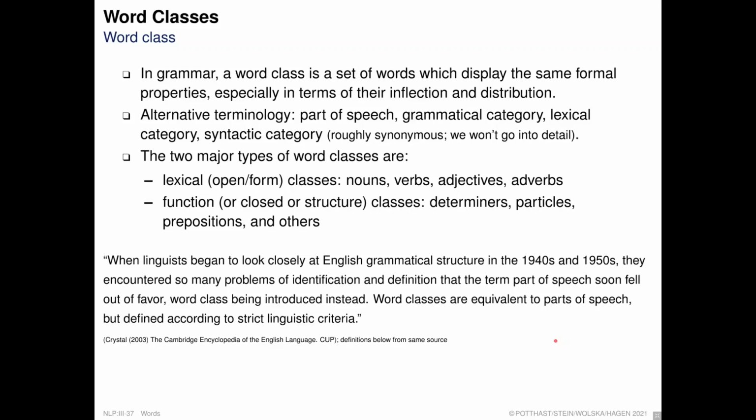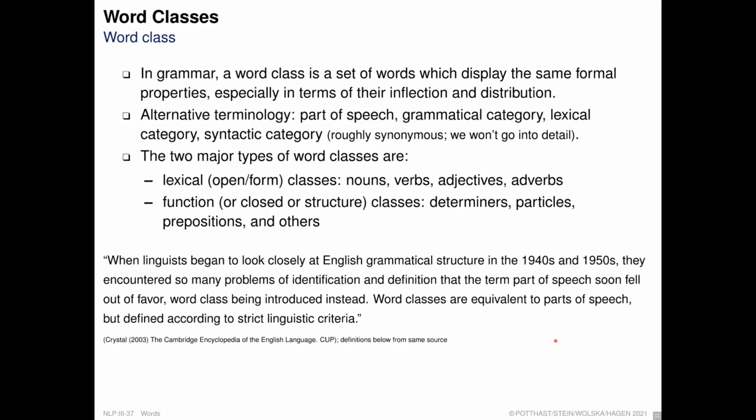There is also alternative terminology, which is more frequently adopted in NLP, and word classes are very often called parts of speech. Parts of speech is actually the historic term.